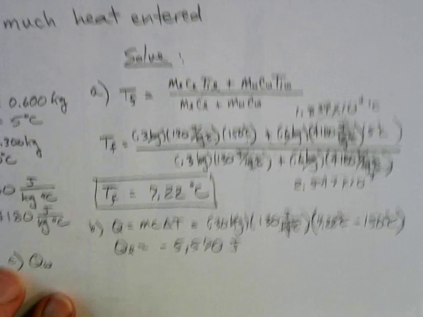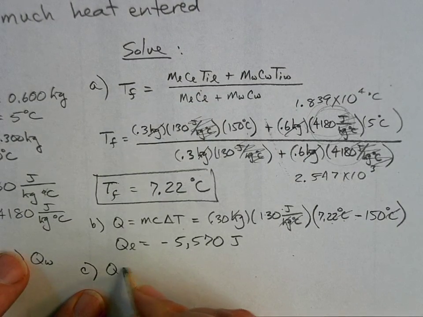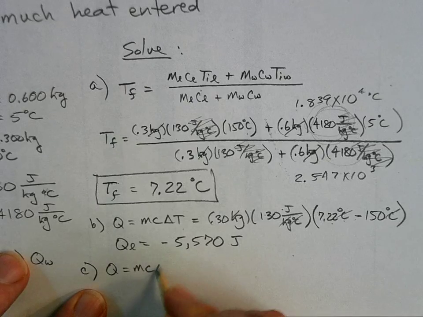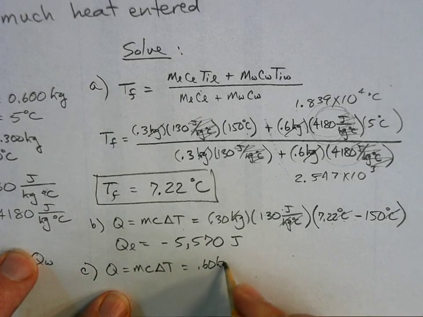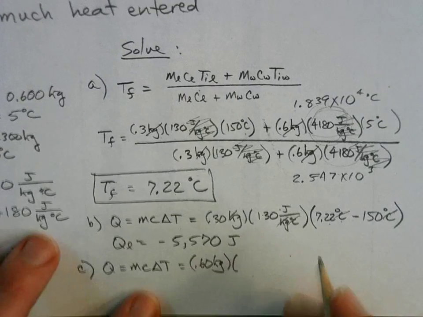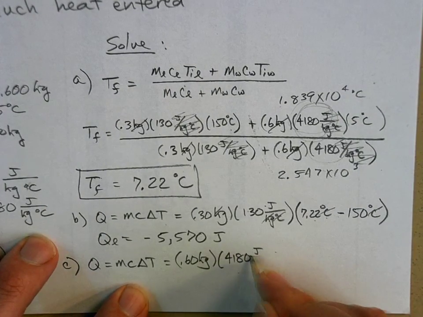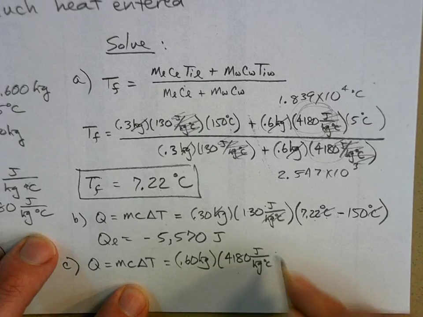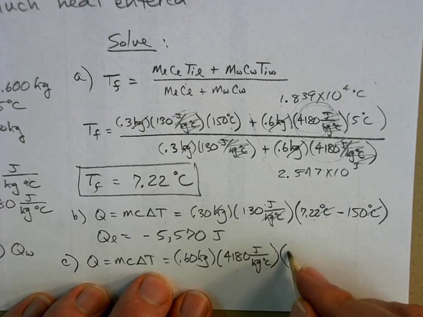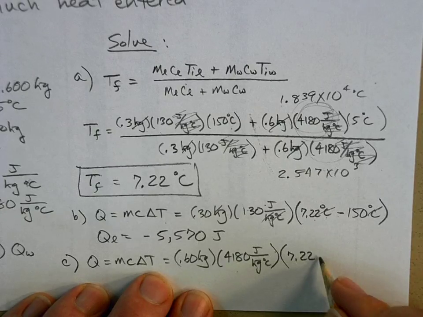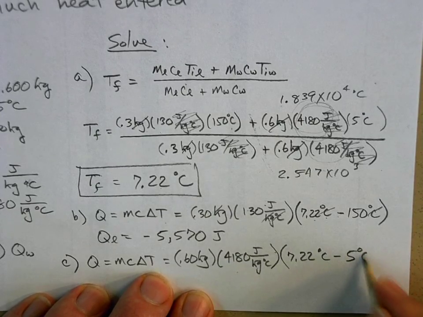Now let's do the water. If you just want to sledgehammer it, Q equals MC delta T. So you've got 0.60 kilograms of water, 4,180 joules per kilogram degrees Celsius, and a final temperature of 7.22 degrees Celsius minus the initial temperature of 5 degrees Celsius.